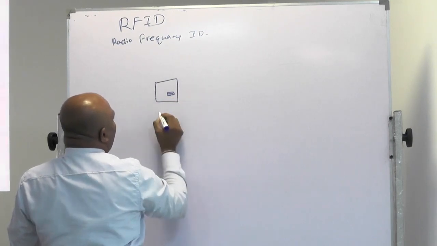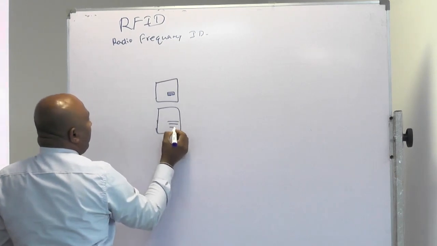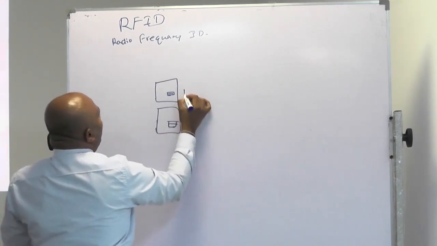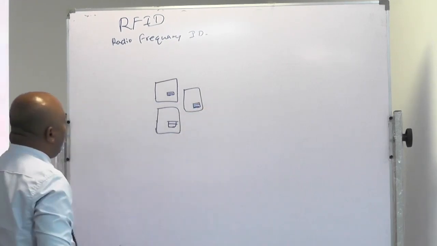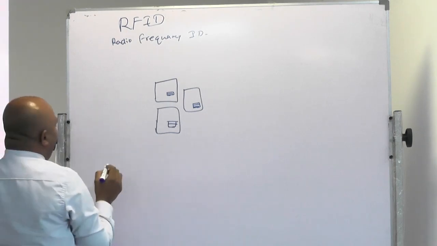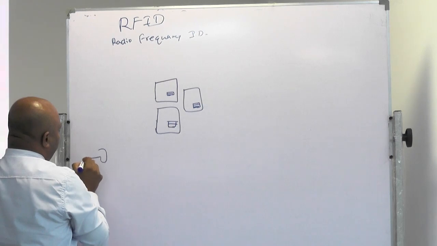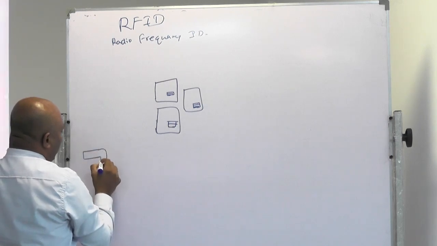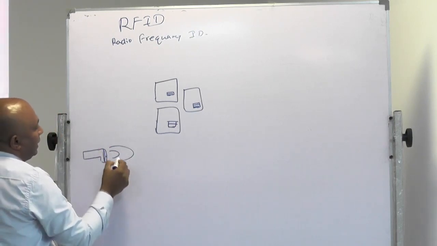There can be so many goods. These can be read by a reader, and this reader gives a radio frequency signal.